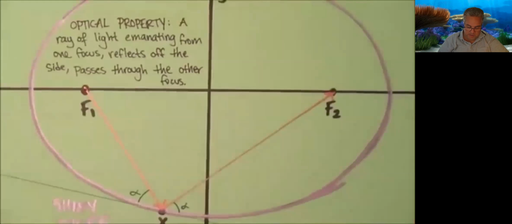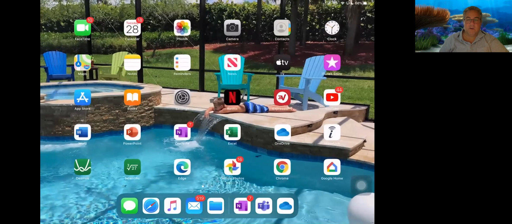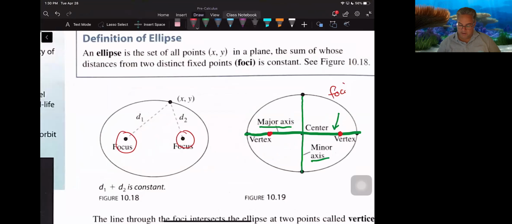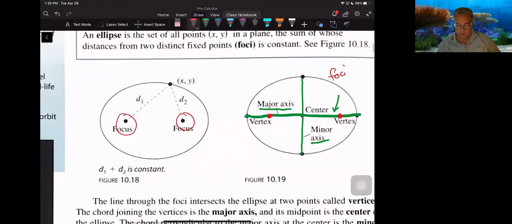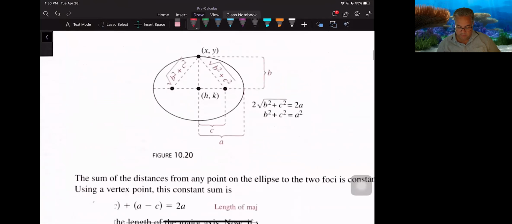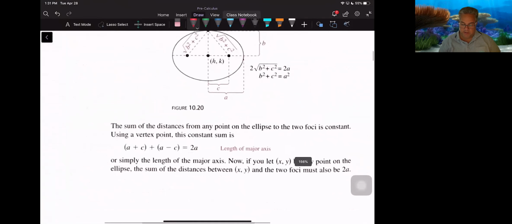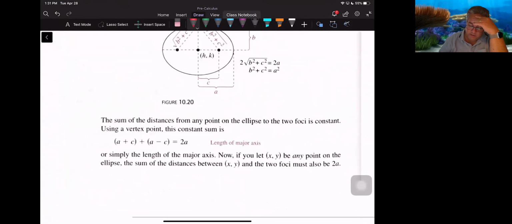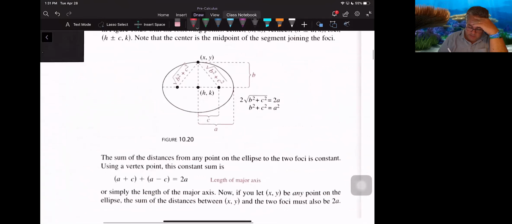Okay, all right, so let's jump back to our notebook. And that's kind of how an ellipse is drawn. All right, so we're going to get into some parts here. I want you to remember that this right here, 2A, we're going to call the length of the major axis. So you have to determine which axis is the major.